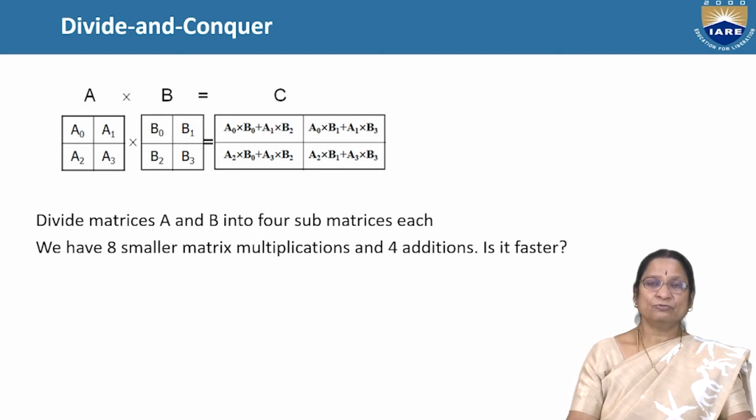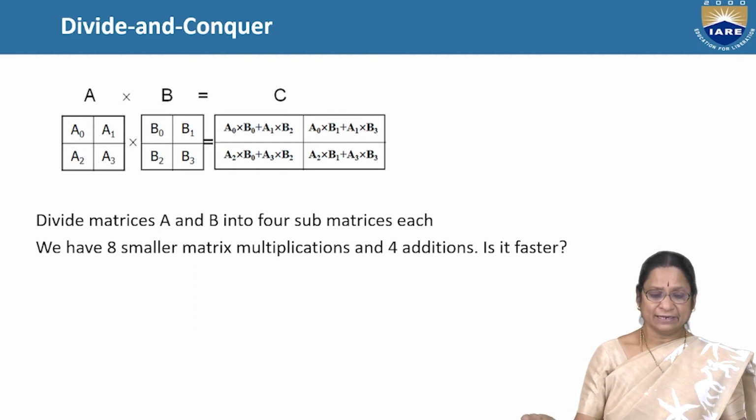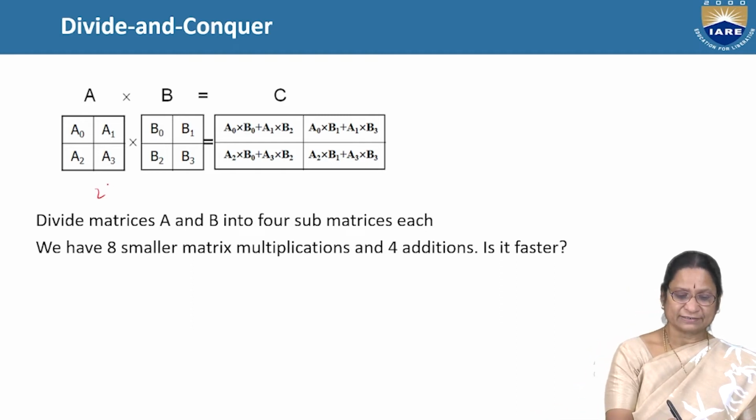Second, if it is applicable, does any reduction in the time complexity occur or not? That we will see in the immediate slides. So A is a matrix, B is a matrix. If you are going to multiply them, for example, we will take the least order, that is a 2 by 2 matrix.